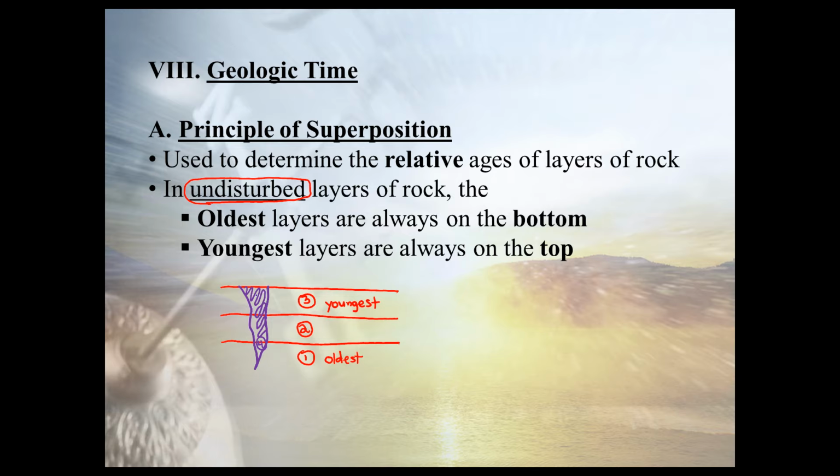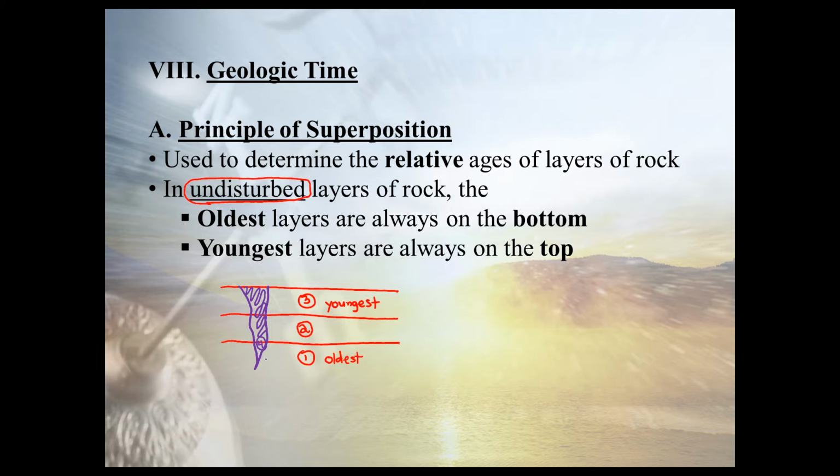Even though sediment does go all the way down to the bottom of this crack right here, it does not mean that rock layer 4 is older than number 3. The rock layer was disturbed. There was a crack that formed in the rock, and then a bunch of sediments were able to go very, very far down into the crack as a result of that.